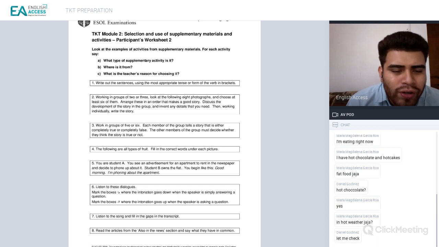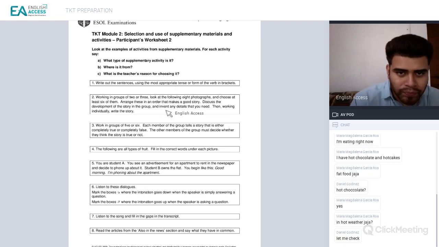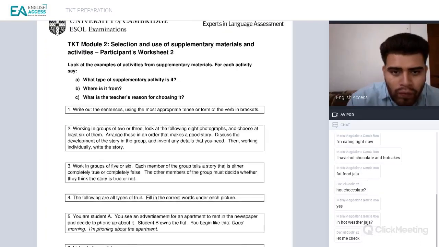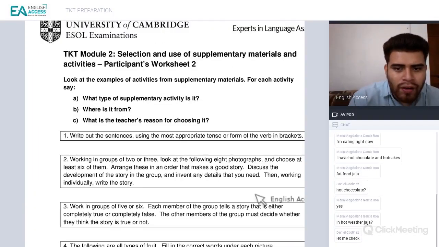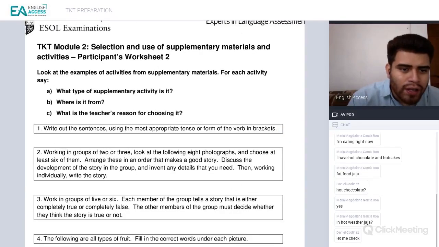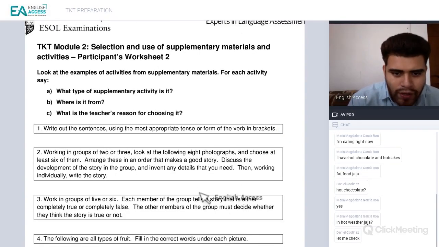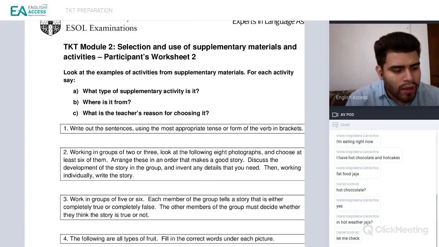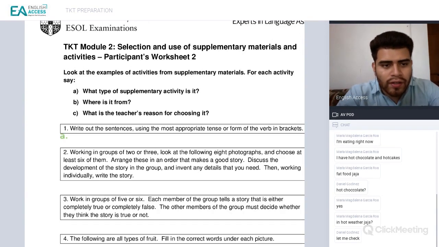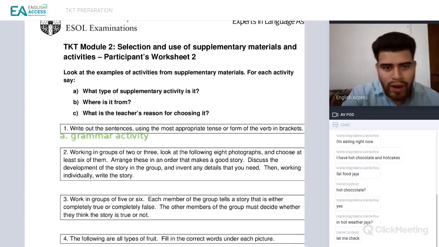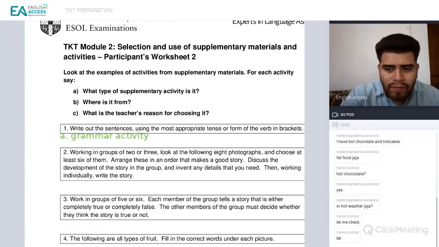All right, so let's look at number 1. Write out the sentences using the most appropriate tense or form of the verb in brackets. Let me help you with number 1 to 4. A, it's a grammar activity. Where does it come from?